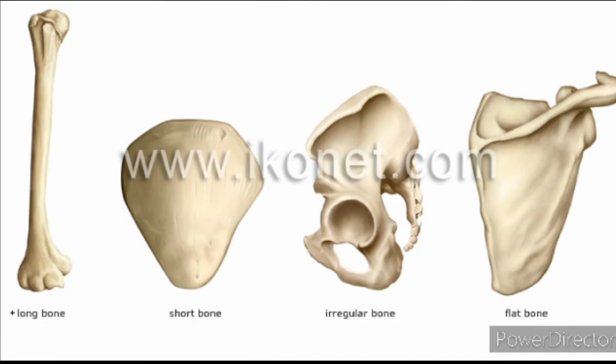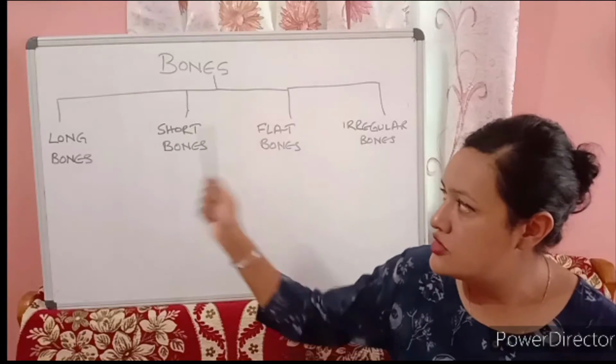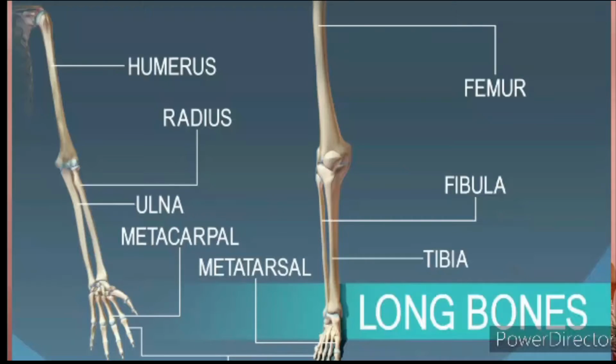Now comes the types of bones. As you all can see here, there are four types: the long bones, the short bones, the flat bones, and the irregular bones. First of all, we are going to take the long bones. Have a look. These are the long bones present in your body. Some of the longest bones in the body, remember, are the femur, the humerus, and the tibia.